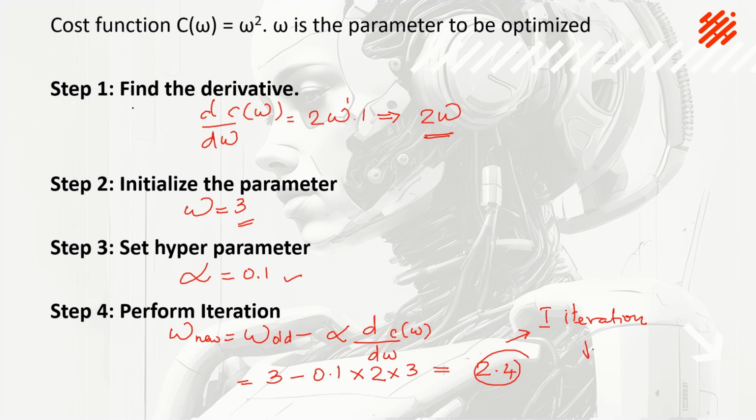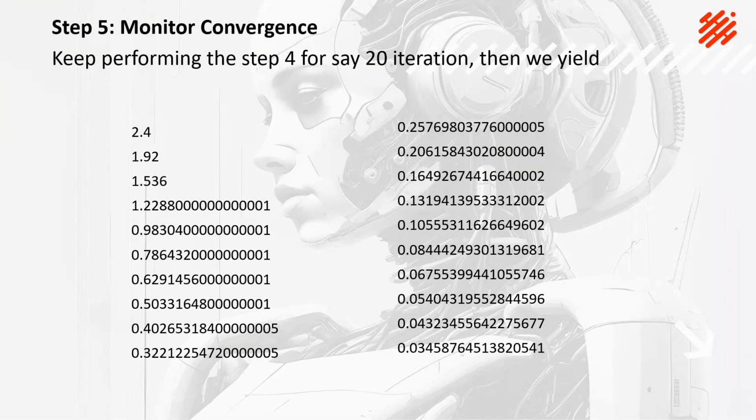So perform until say 20 or 30 iterations, such that you stop somewhere where you find the minimum difference between the old ω value and the new ω value. Now step 5, monitor convergence. So keep performing step 4 for say 20 iterations, then we yield ω values of 2.4, 1.92, 1.536 and so on.